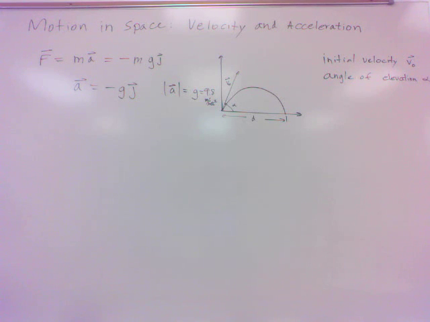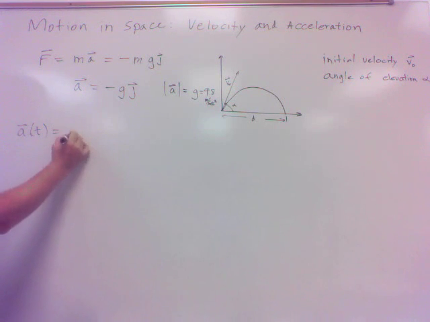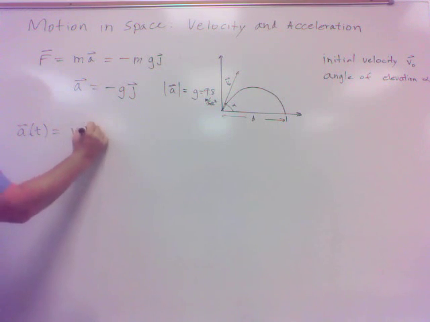Now, what we can generate out of this then, of course, is velocity and ultimately position, doing the same thing we just did in the previous example, since we know that the acceleration vector is the derivative of the velocity vector.